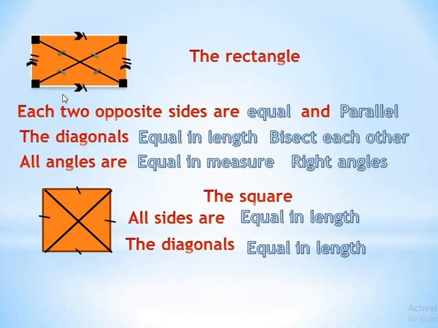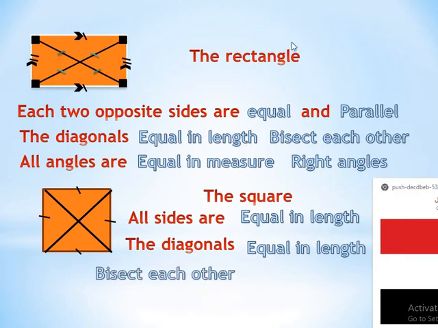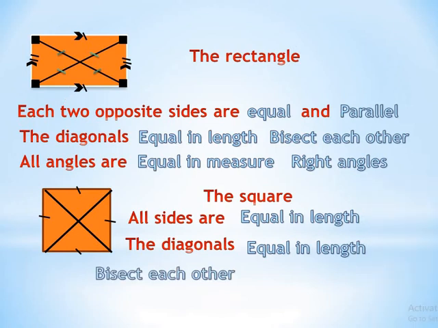If we have equal angles, we have equal diagonals. The common property, never forget it, is that the diagonals bisect each other.